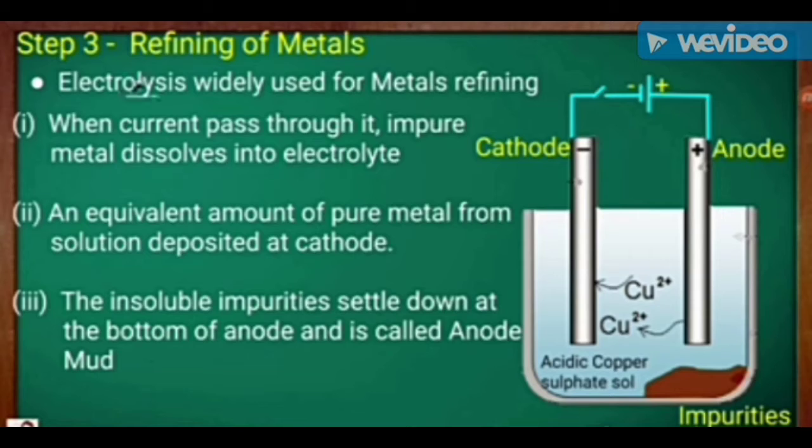As we switch on, electricity will pass. At anode, copper will convert to Cu2+ plus 2 electrons. Copper present is broken due to passing of electricity.